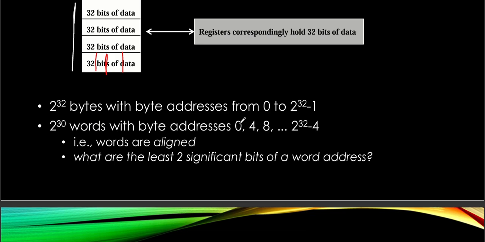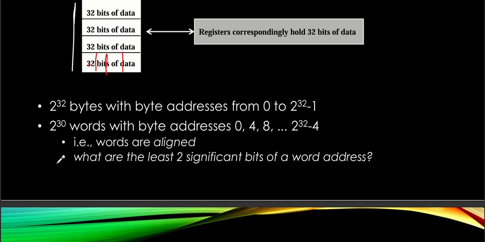And there's the concept of the total number of bytes in MIPS. The total number of these small boxes is 2 raised to the power 32. However, because 4 of these small boxes make up one big box, we have 2 raised to the power 30 big boxes.